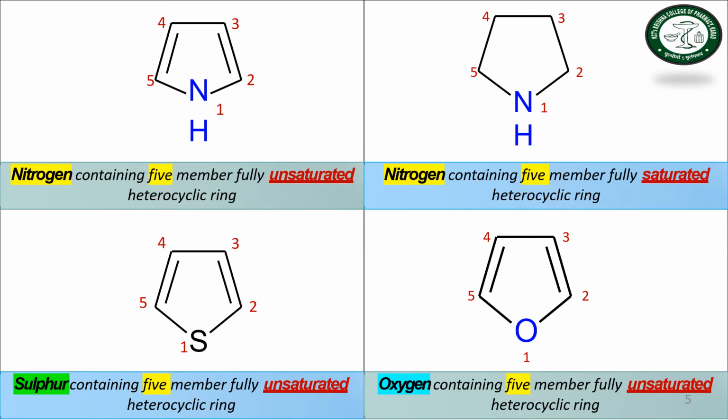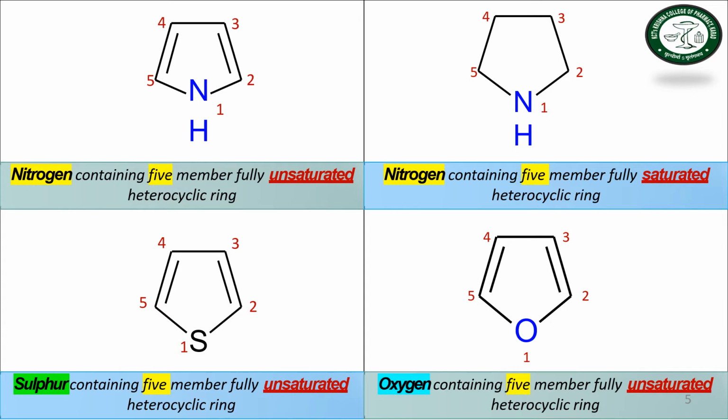Here is a five-membered ring containing a nitrogen atom and two double bonds. Whenever you write the chemical name of any structure, your first consideration is number one, which heteroatom is present. Second, the ring's nature: whether it is a five-membered, six-membered or seven-membered ring.